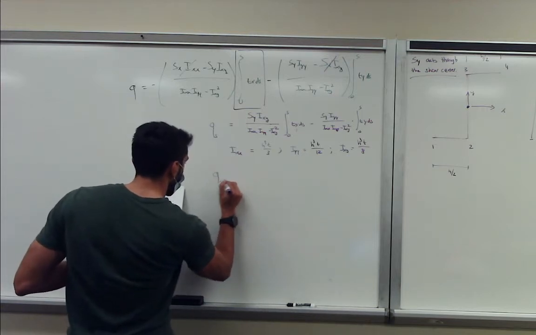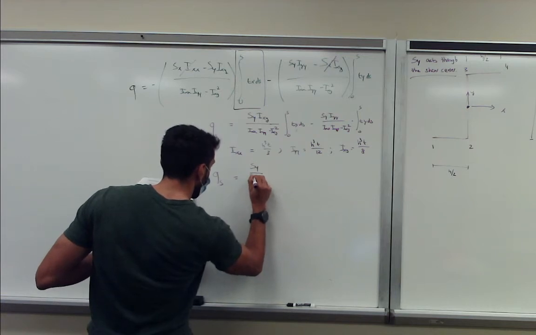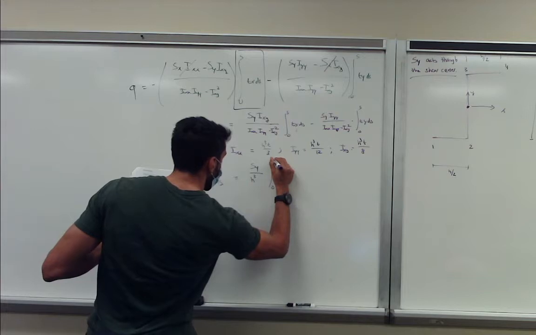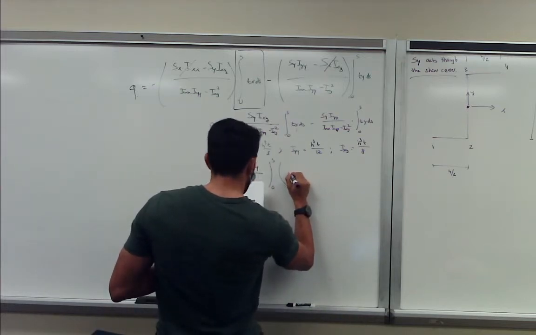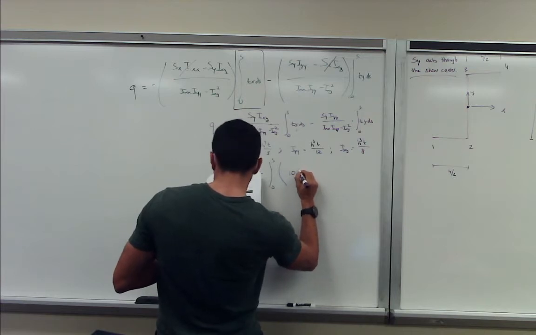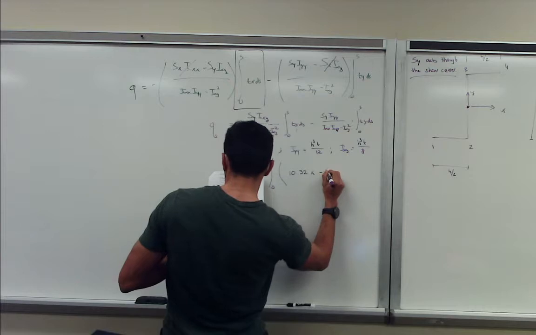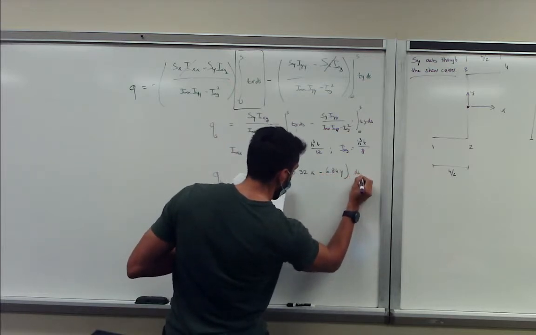So Qs is equal to Sy over h cubed, times the integral from 0 to s of 10.32x minus 6.84y ds.